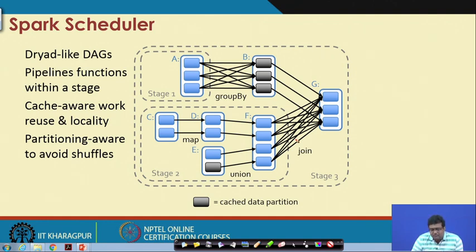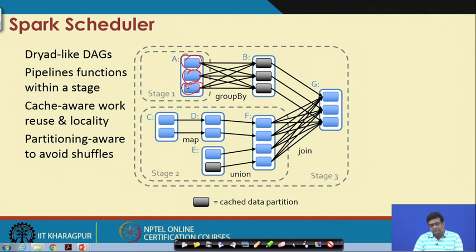But we have now gone deep into how the dependencies look in terms of partitions. So, each of the RDDs will have a certain number of partitions. So, each RDD is actually present in multiple machines. So, let us say this RDD A is present in 3 machines and so on and so forth. Okay.